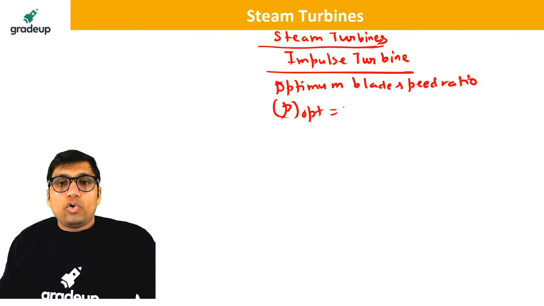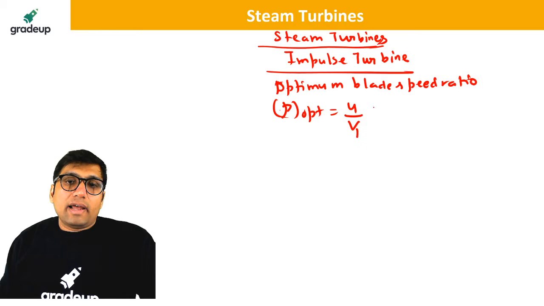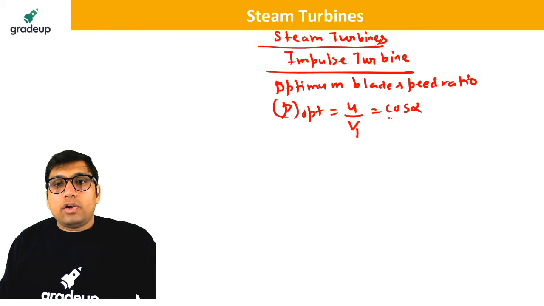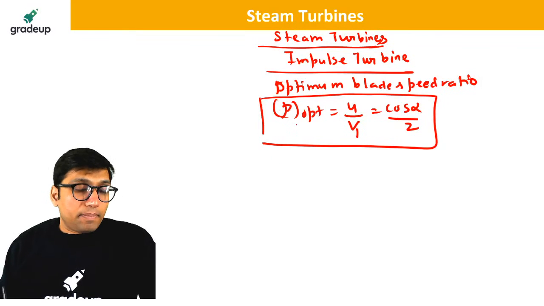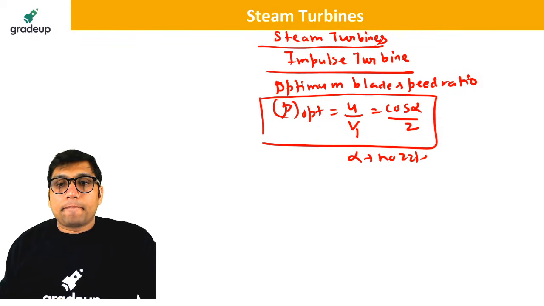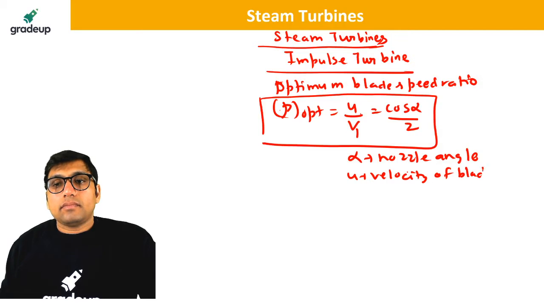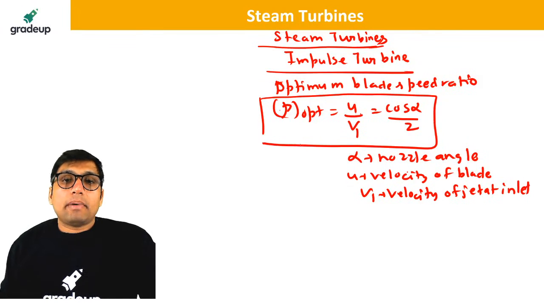It is equal to U by V1, which is equal to cos alpha by 2. This is the formula for optimum blade speed ratio for a simple impulse turbine, where alpha is the nozzle angle, U is the velocity of the blade, and V1 is the velocity of the jet at inlet.